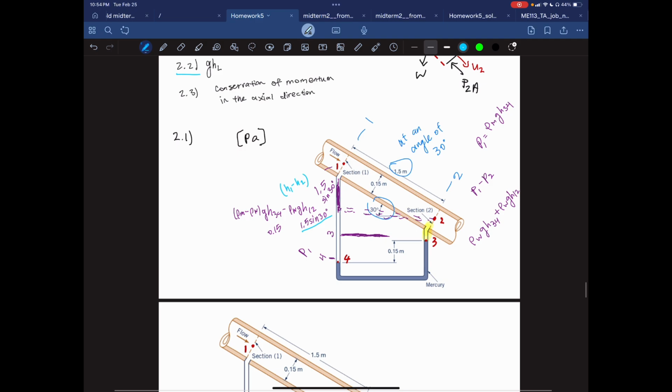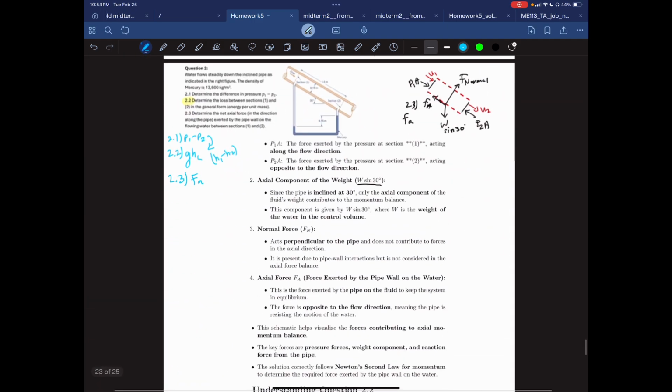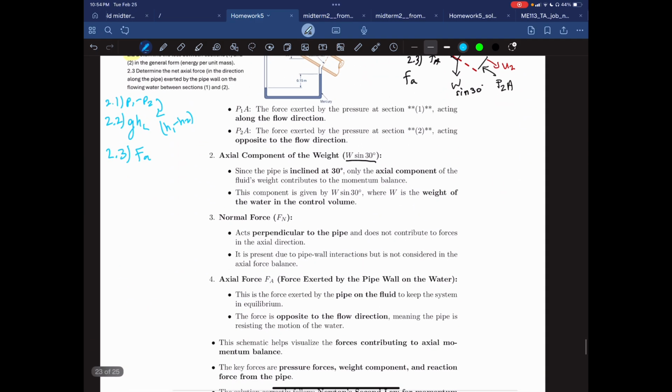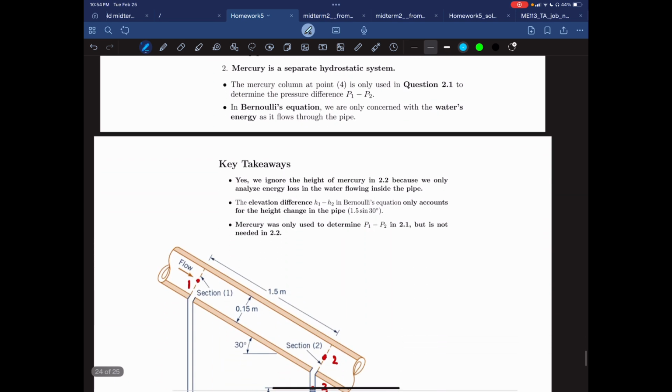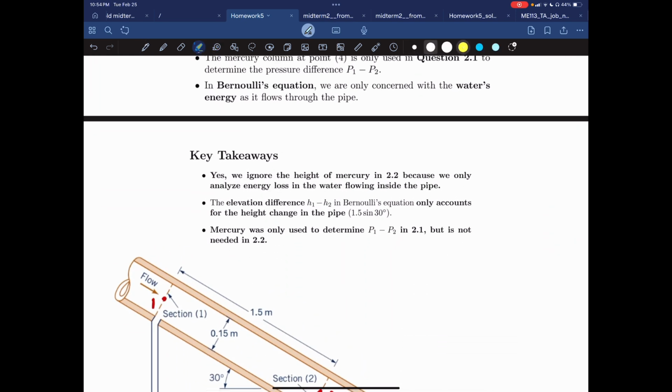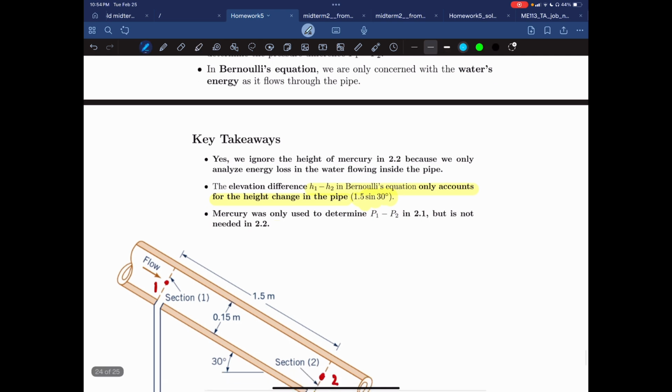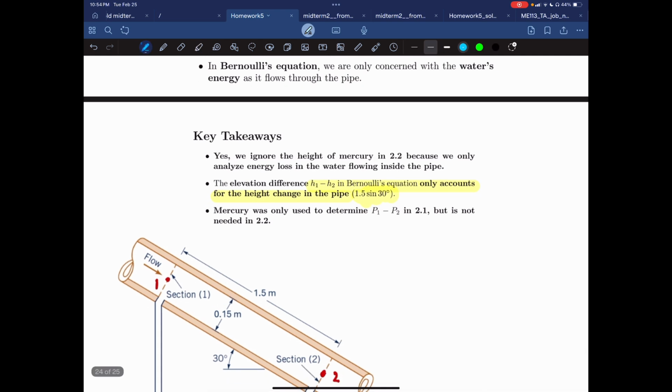This is a helpful tip. Oh, it's right here. So for 2.1, we did need mercury, but it's not needed for 2.2.